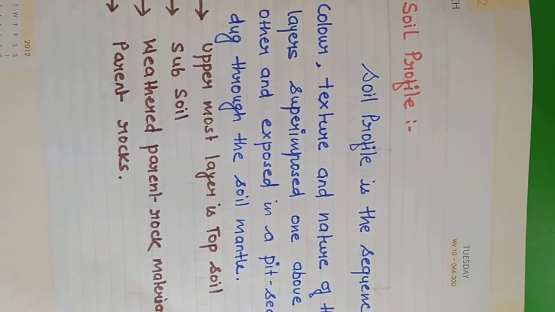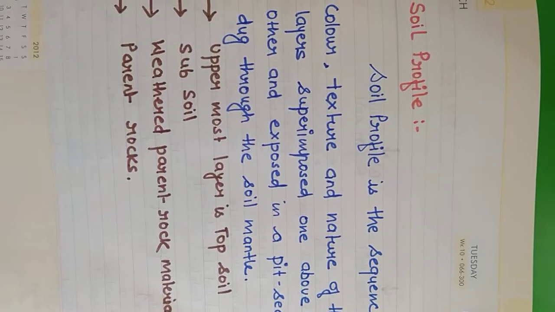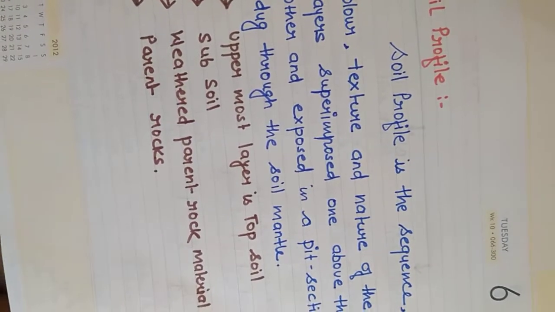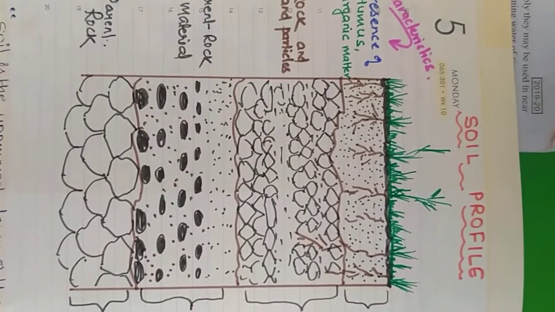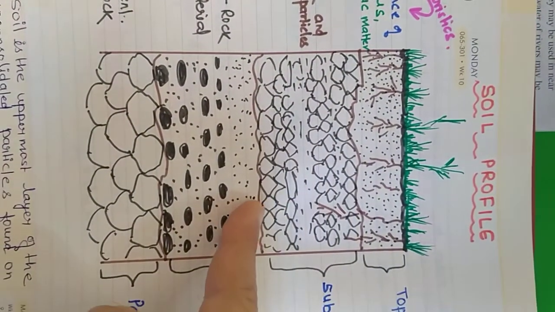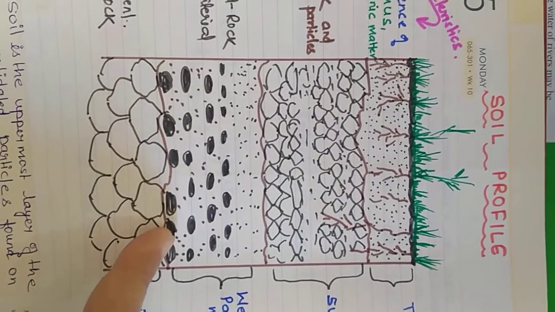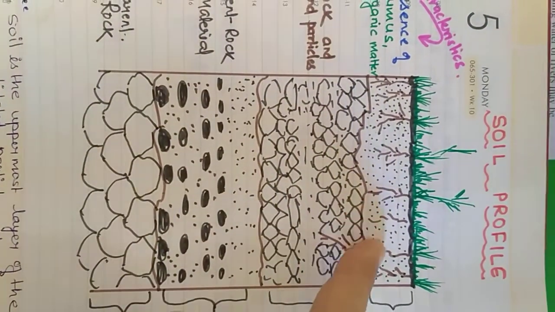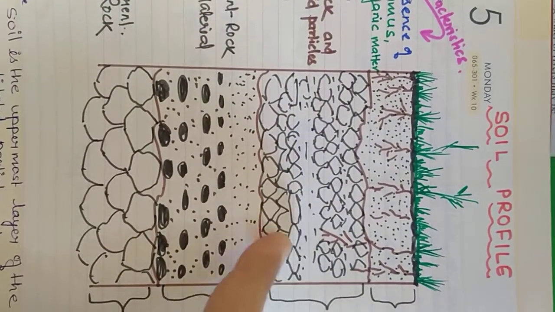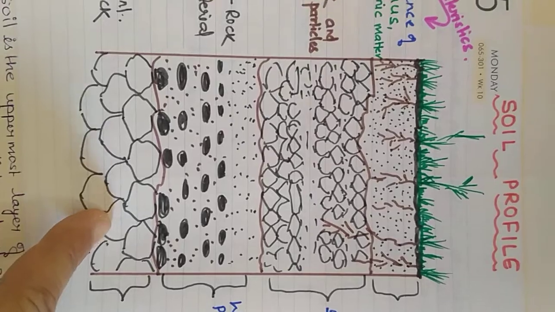Did you get my point? What am I telling you? What is soil profile? You can learn in this way. You can see here, the soil profile is the sequence of color, textures, and natures of the layers. This is the first layer, second layer, third layer, or fourth layer. Thus we can define it.